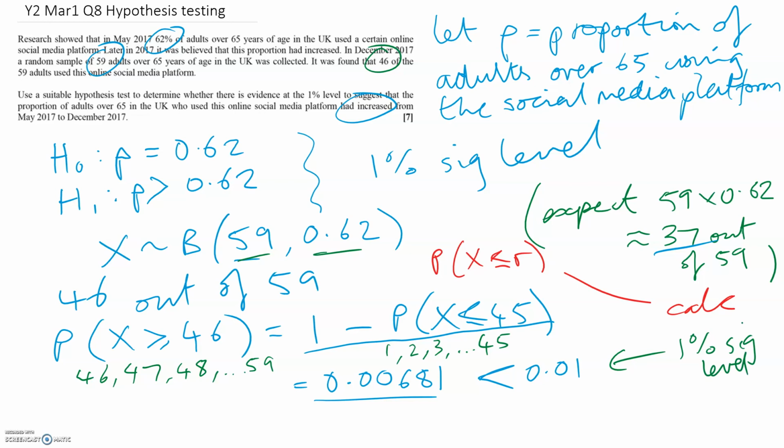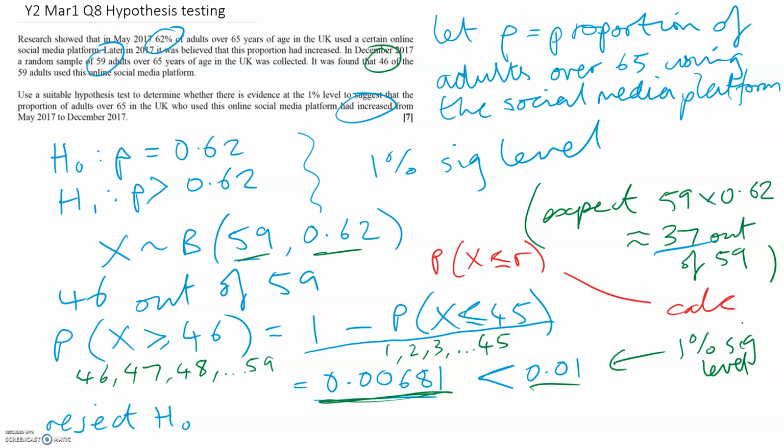So that is very unlikely, to get the probability so low. It's lower than our significance level. So therefore we can reject H0.